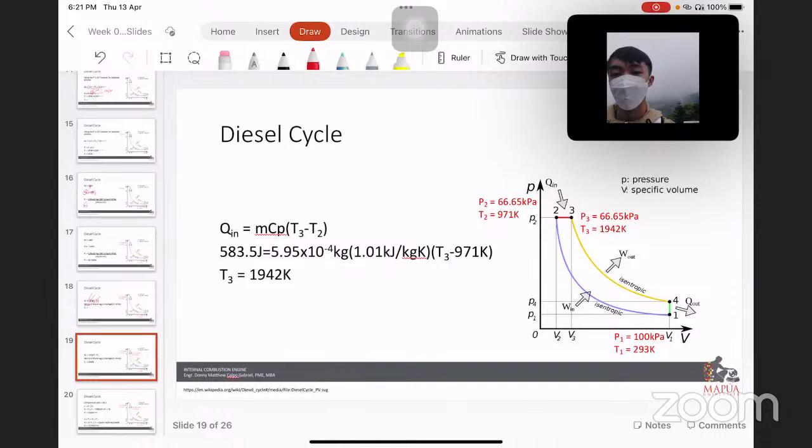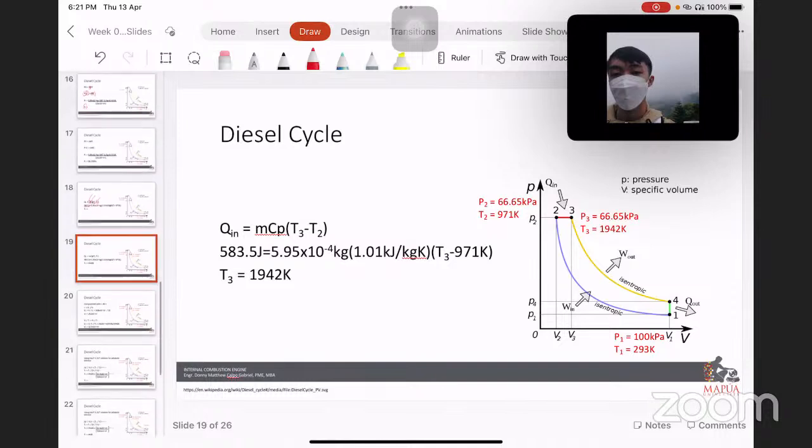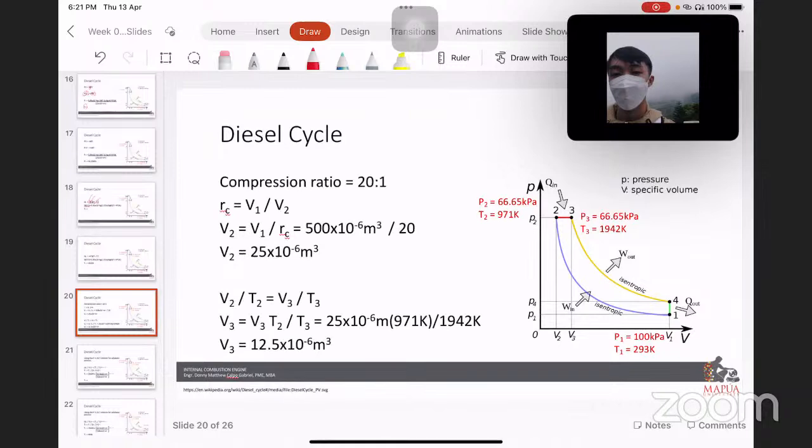Using our adiabatic relationship again for the isentropic process, balik tayo dito. Compression ratio, ano ginawa ko dito? Ginamit pala natin yung change in volume kasi kailangan natin yung V3. So, using yung V1 natin na 500 cubic centimeter, meron tayong compression ratio, we're able to calculate kung ano tong V2, which is ito.